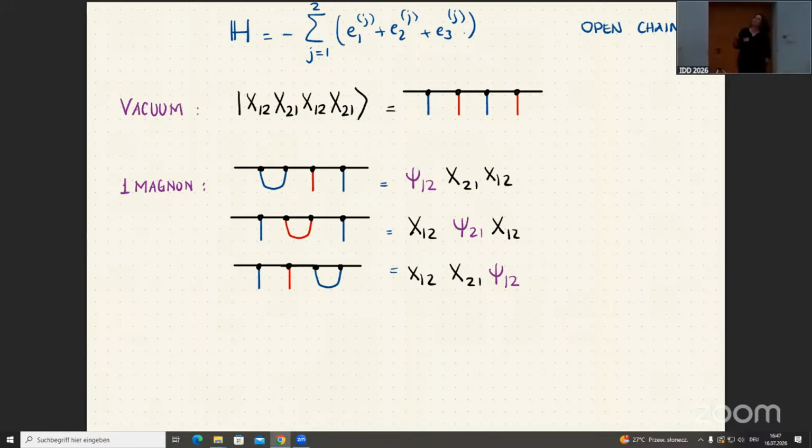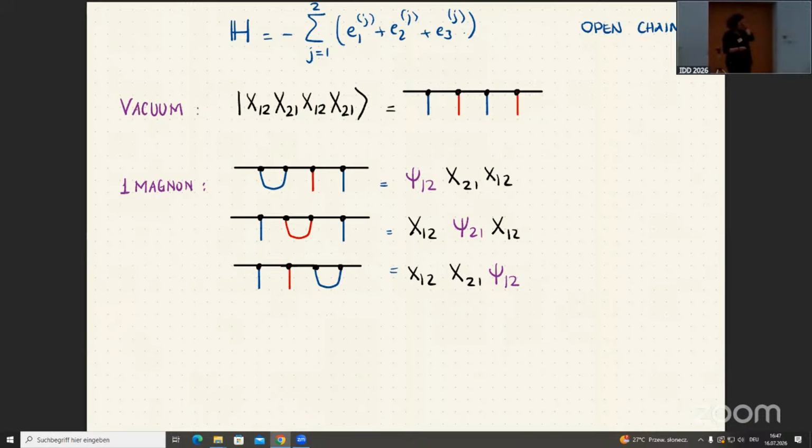I have E1, E2, E3, and I have the 2 color indices. If I start with a vacuum, I only have x's, and if I act on it, as I mentioned before, it's 0. So the vacuum gives me 0. Now, if I put one magnon, I can put it antisymmetric, with the z's here.